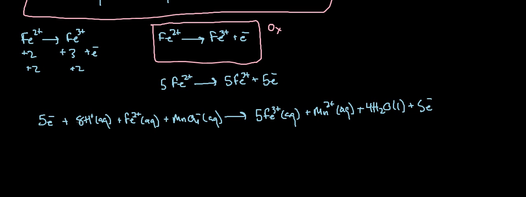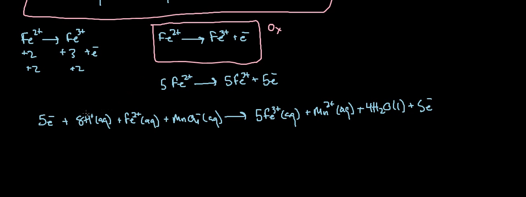So if I add 8 OH minus to both sides, then these H pluses and OH minus combine and give me 8 waters. So that is what would happen if it was a base.